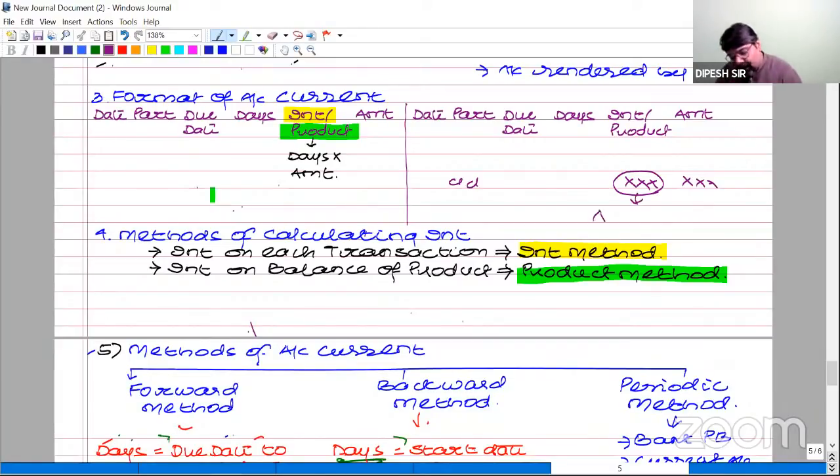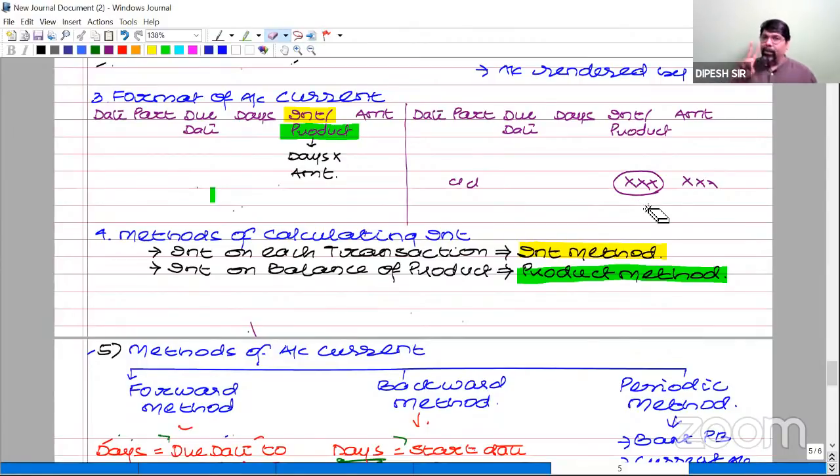This product is nothing but amount into days. I'm talking about backward method. How did you calculate days? Start date to end date. But chartered, if you are into days, that will get product divided by 365 into rate of interest. Then you will calculate interest. I repeat.